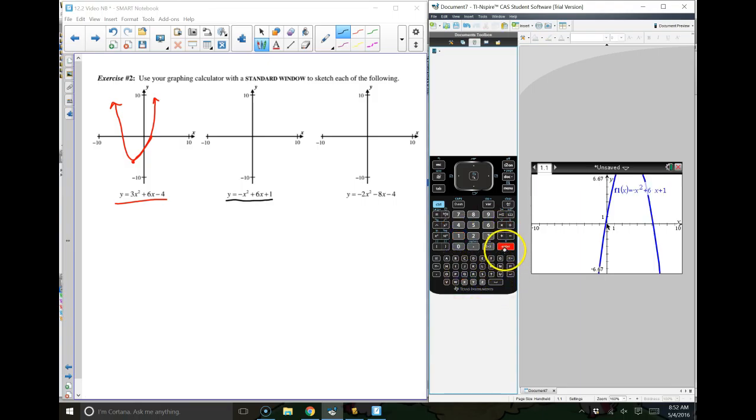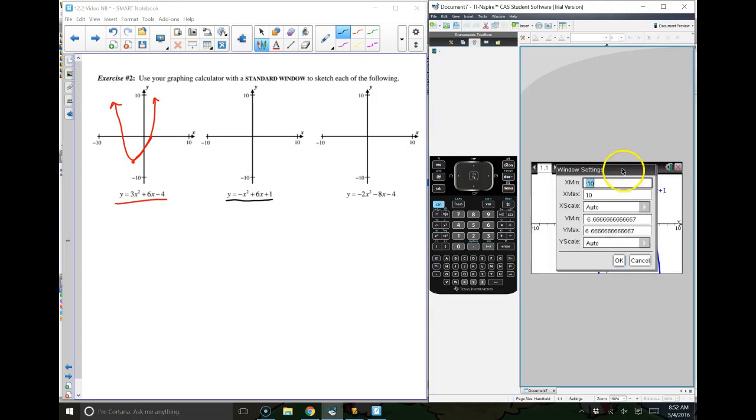And hit enter. And now I can see my graph, I still need to get that window to be negative 10, 10. And for some reason these calculators do not do that automatically. I don't really know why. Okay, so we want my y minimum to be negative 10 and the y max to be 10. You might have to do this each time.